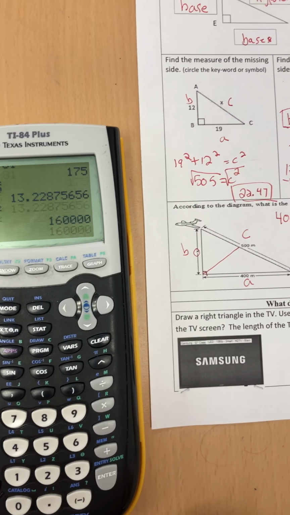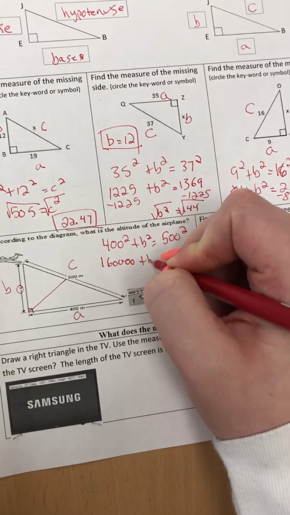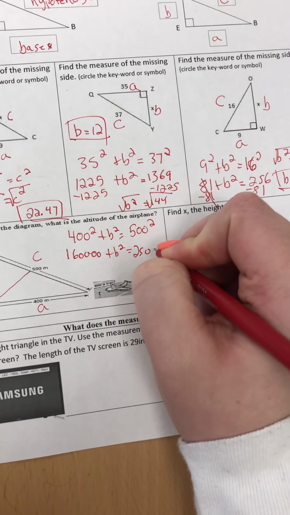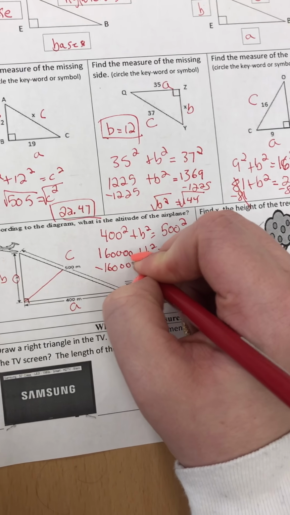Again, I'm going to simplify those numbers first. Okay, and then again, I'm going to subtract this number from both sides.